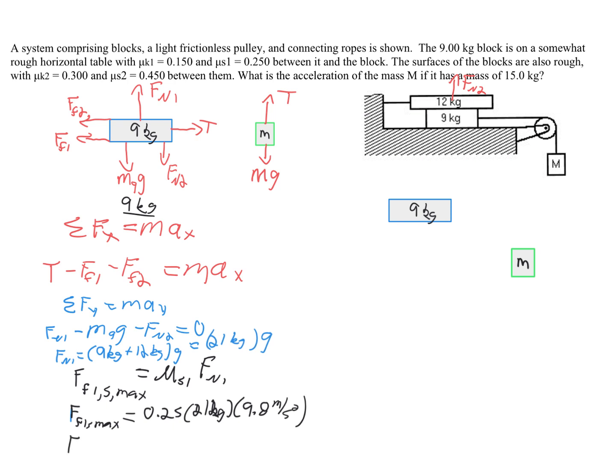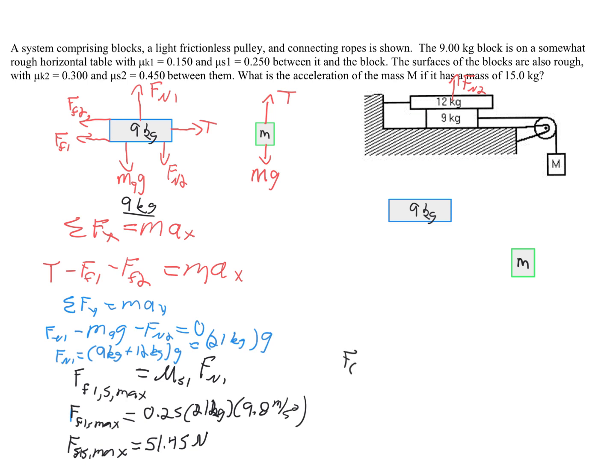And so what we would find is that force of friction static max for the bottom of the box comes out to be equal to a grand total of 51.45 newtons.